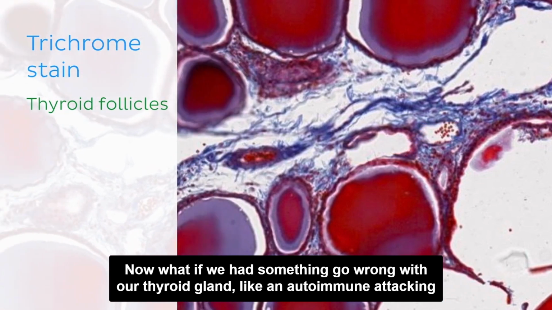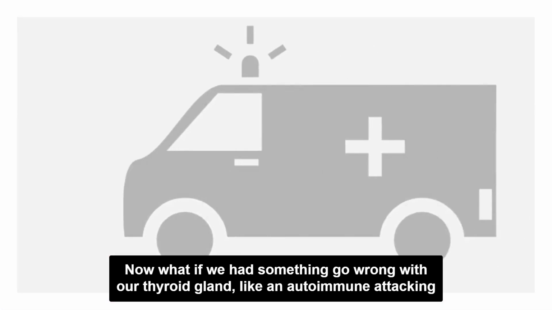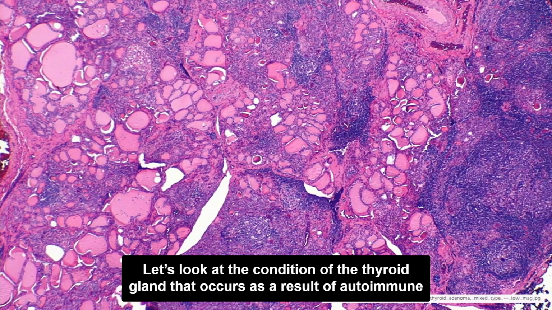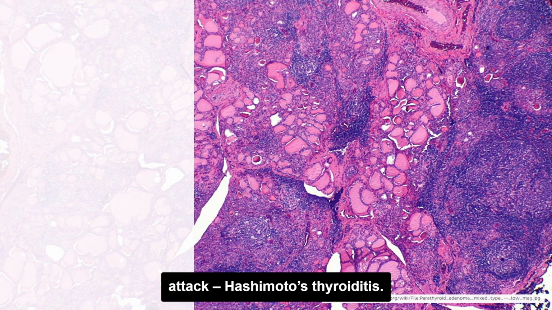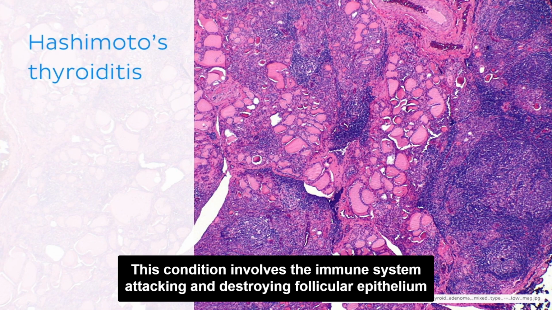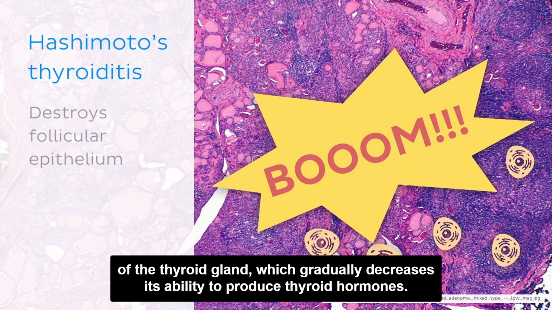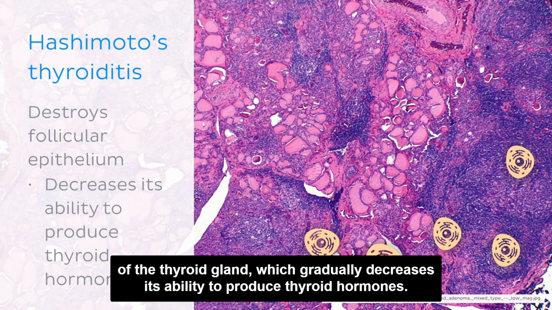Now, what if we had something go wrong with our thyroid gland? Like an autoimmune attacking of its tissue. What do you think we'd see histologically? Let's look at a condition of the thyroid gland that occurs as a result of autoimmune attack, Hashimoto's thyroiditis. This condition involves the immune system attacking and destroying follicular epithelium of the thyroid gland, which gradually decreases its ability to produce thyroid hormones.